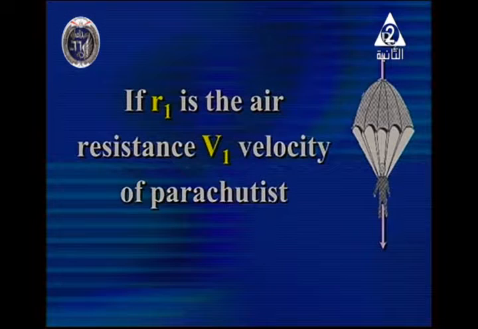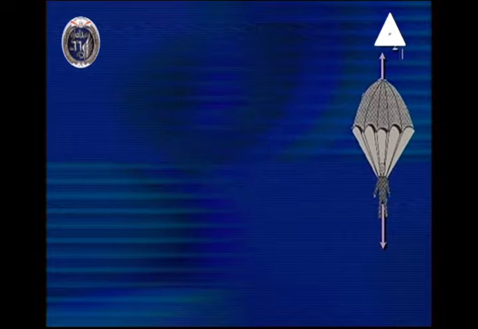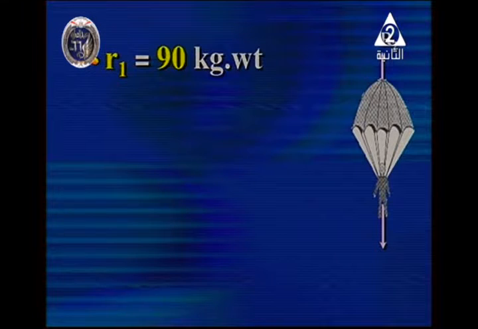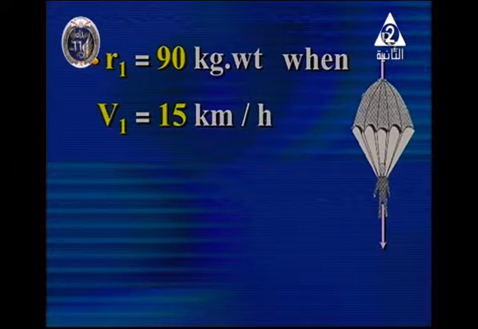If R1 is the air resistance and V1 the velocity of the parachute, remember, we have R1 the air resistance when V1 is the velocity of parachute. Therefore, R1 is 90 kilogram weight when V1 equals 15 kilometer per hour.